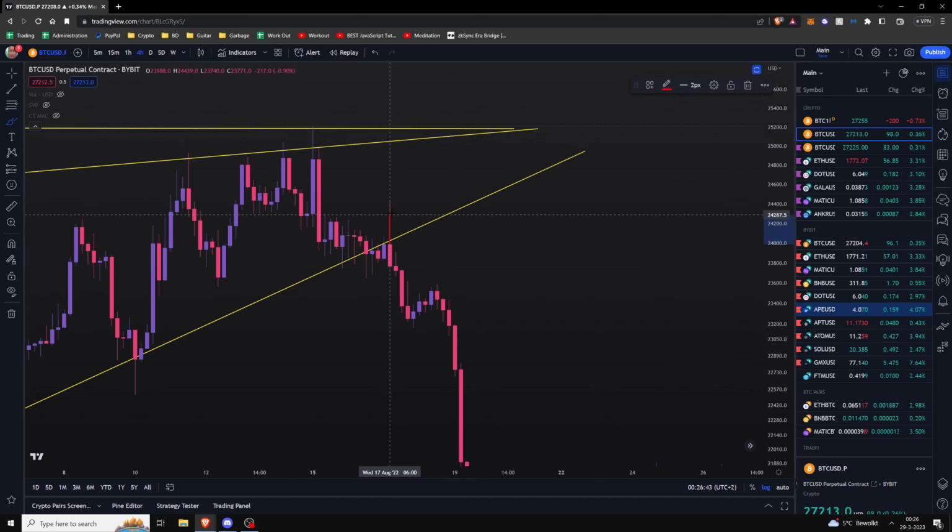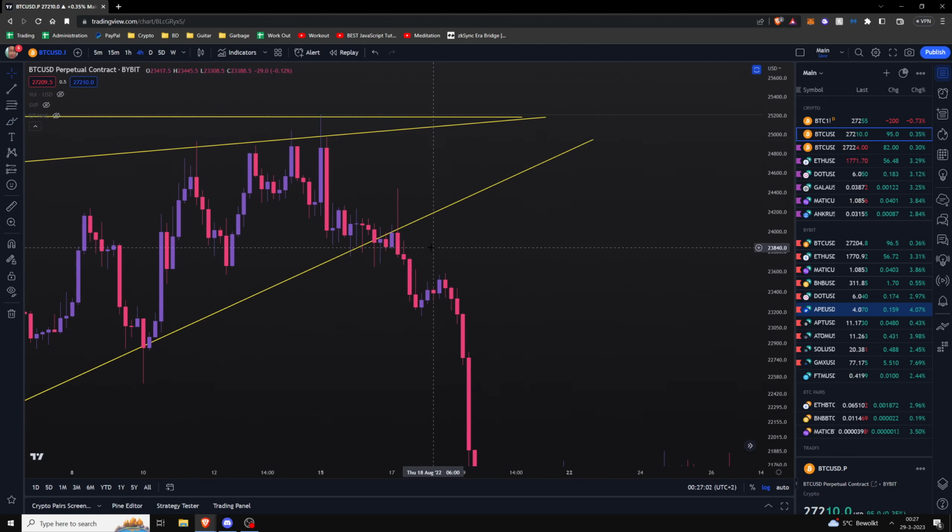It tried to come back up, and it was just hard rejected, right? Because it could not stay at that price, so we get this big wick on the top. These are great examples, and that's why it functions as a retest.